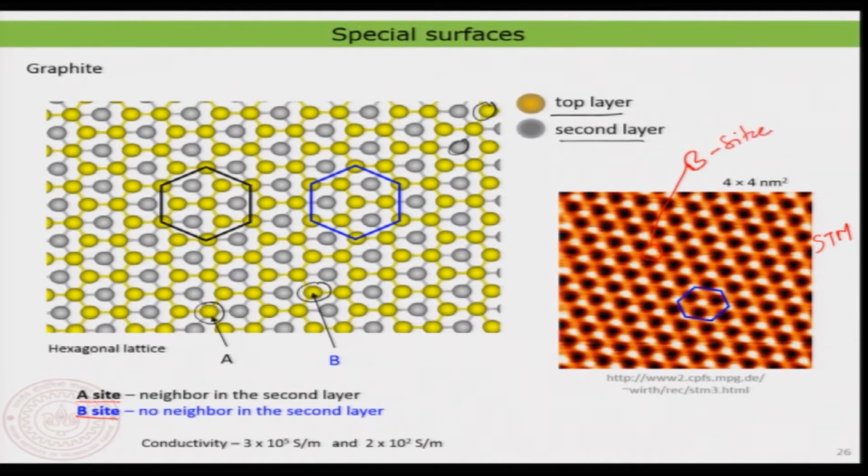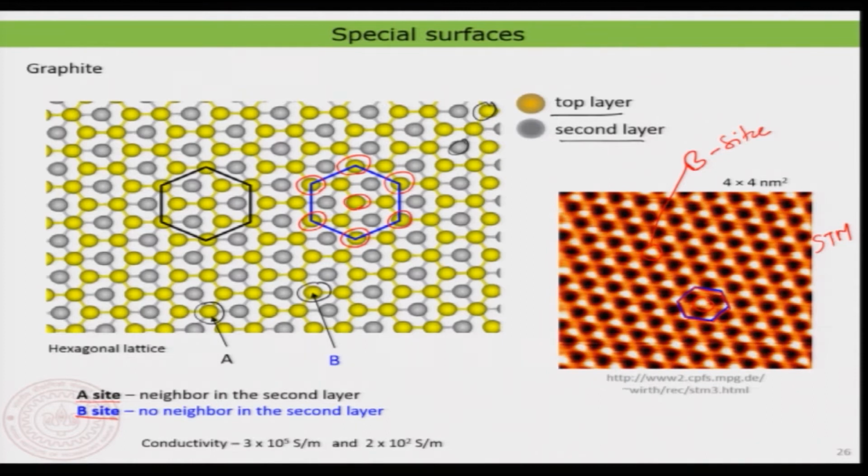The atoms at the B sites are the ones we see in the STM topograph. So, I can see all these bright atoms, and the one in the middle is again a bright atom. That is why when you look at the hexagon, I can see 6 bright dots, and in the center also I can see another bright dot.